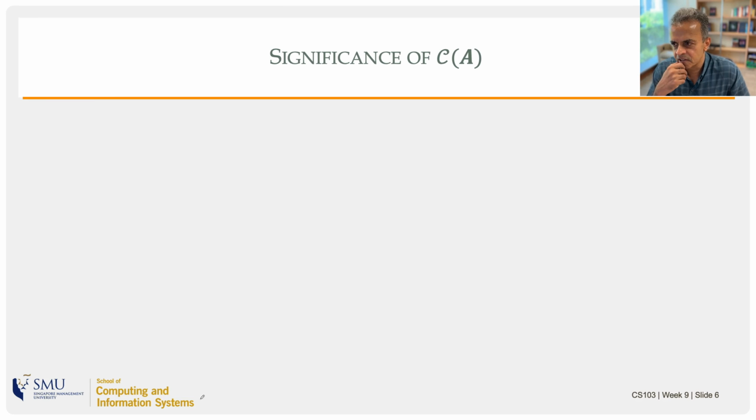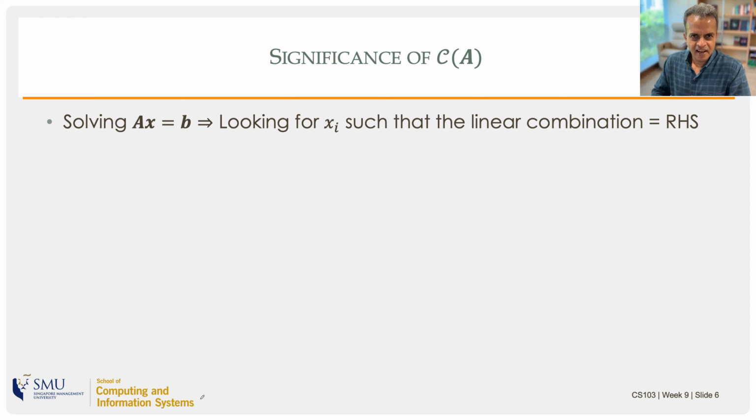Why are we interested in the column space? In solving AX equal to B, as you know by now, we're looking for that linear combination of the columns of A that will give you B, the constants vector. But then the column space contains all possible linear combinations of the columns of A. So if B is a member of that column space, then you know that you have a chance of finding the solution, because you know already that B is a linear combination.